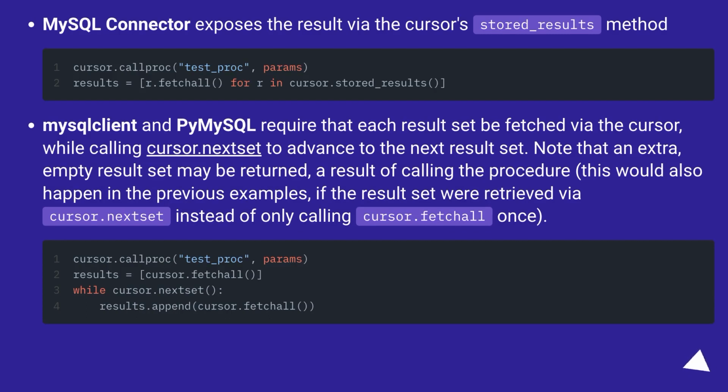MySQLClient and PyMySQL require that each result set be fetched via the cursor, while calling cursor.nextset to advance to the next result set. Note that an extra, empty result set may be returned, a result of calling the procedure. This would also happen in the previous examples, if the result set were retrieved via cursor.nextset, instead of only calling cursor.fetchall once.